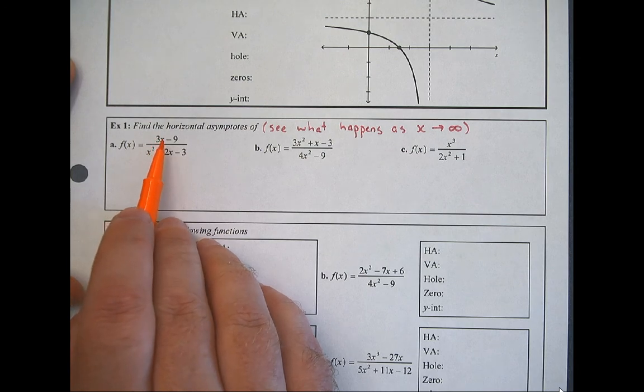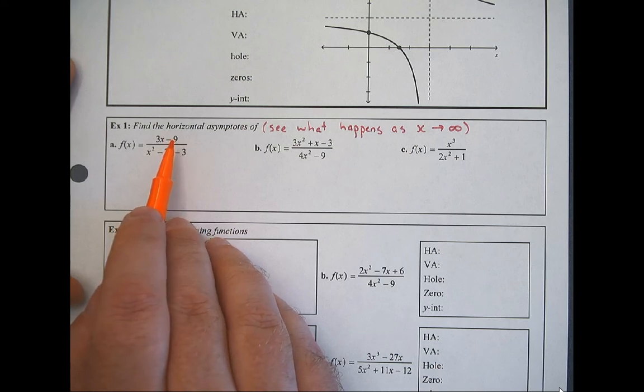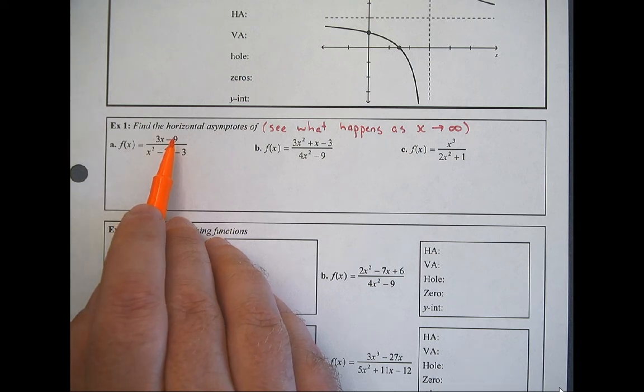Let's say x stood for $1 billion. Now we're taking $1 billion and timesing it by 3. And then you're losing $9. Does that 9 have much of an impact? No, of course not. I mean, does it change it? Yes. But it changes it so inconsequentially compared to the number itself that it almost has no impact.